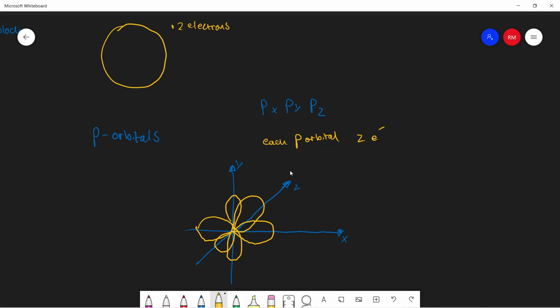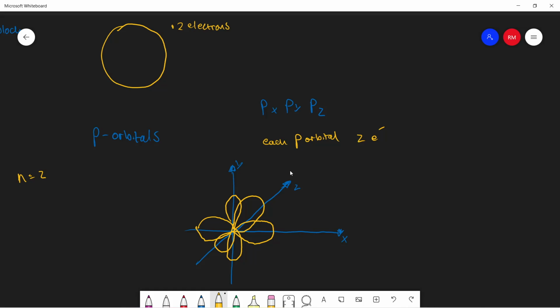So the maximum the p orbitals can hold is p6, 6 electrons. So when n equals 2, p orbitals are present in elements with 2 or more shells.